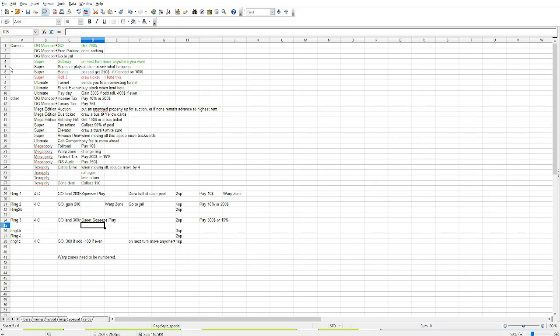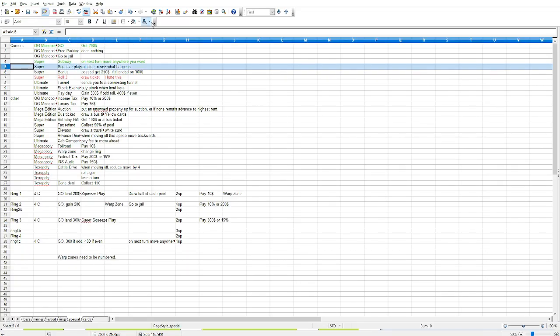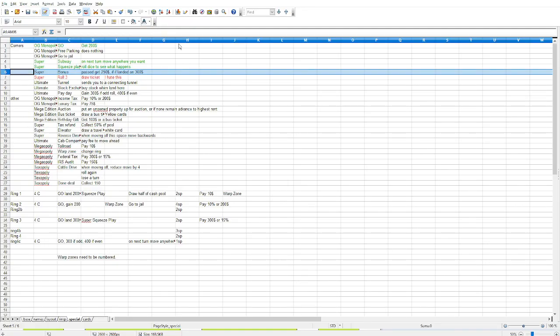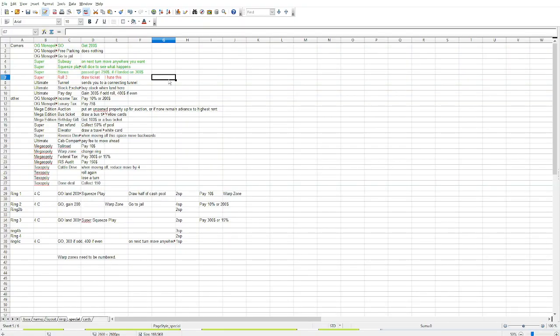Okay, so Squeeze Play can get marked in green. I did something that is essentially this, and it's not exactly the same, but I'm going to count it as used.